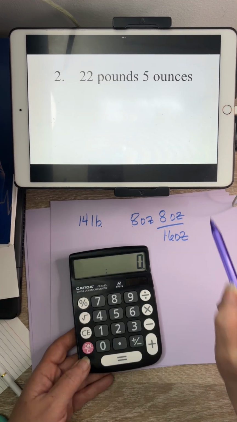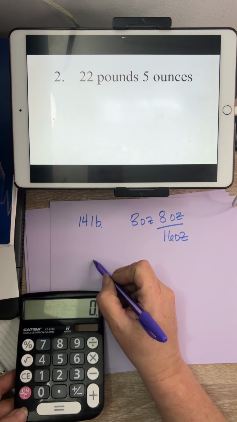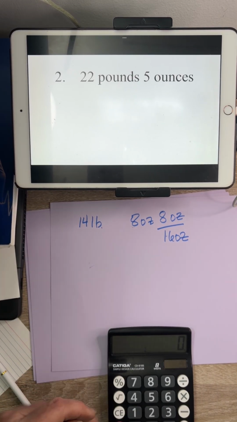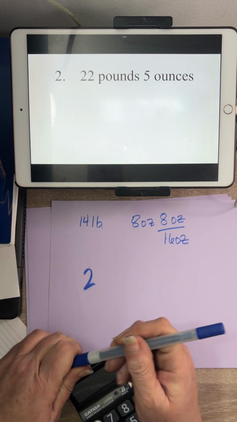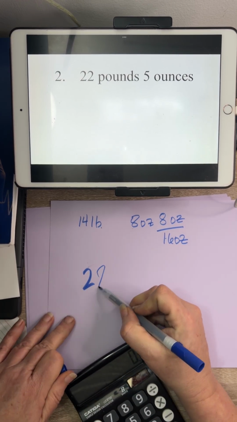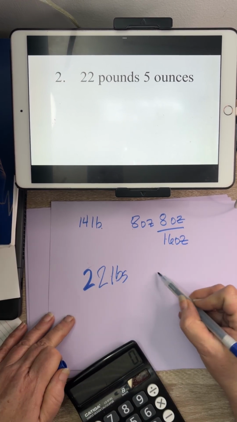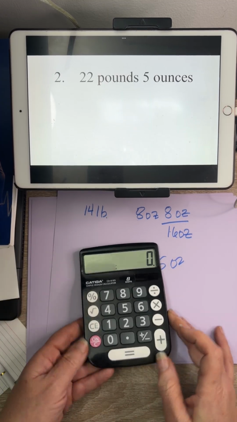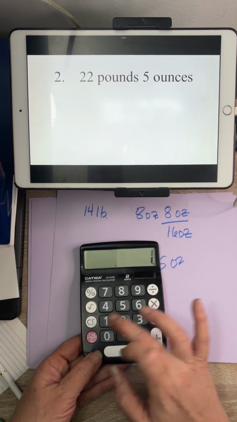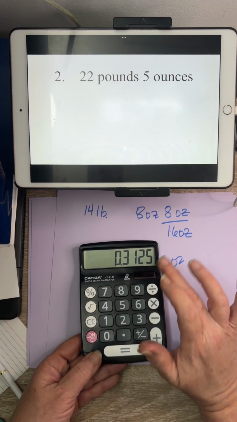All right, so we got 22 pounds. Pretty soon you ain't even going to need to write it down. You'll just be doing it. 22 pounds and 5 ounces. Okay, here we go. Y'all probably already did it. 5 divided by 16 equals. We're going to leave it.